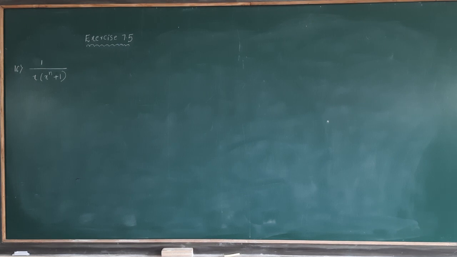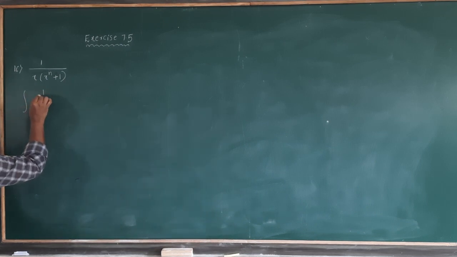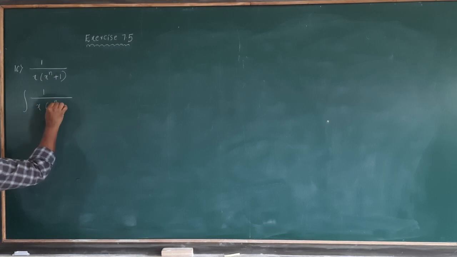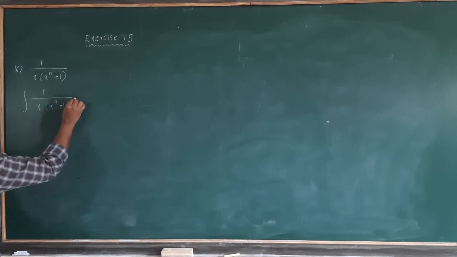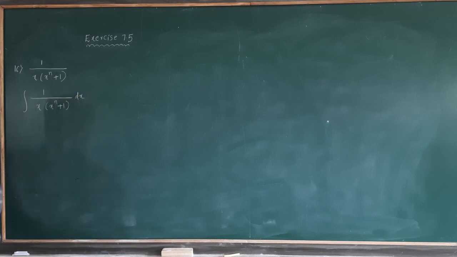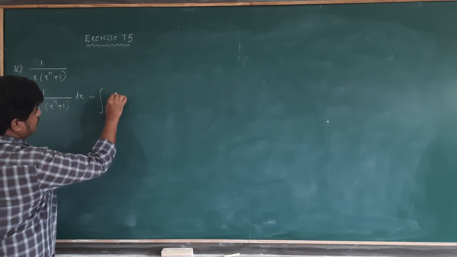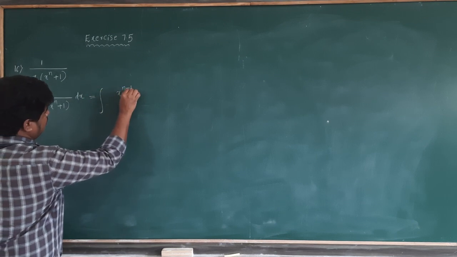Next, 16, it is also a bit different. First I am going to take the integral of x into x to the power of n plus 1 dx. Just multiply and divide by x to the power of n minus 1.